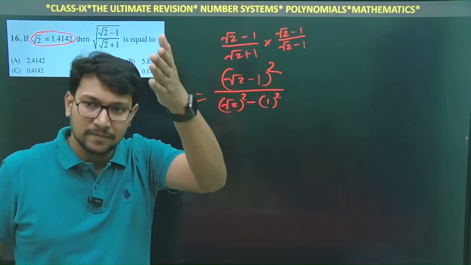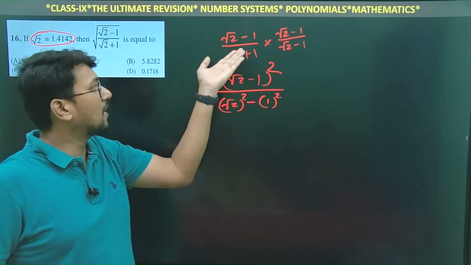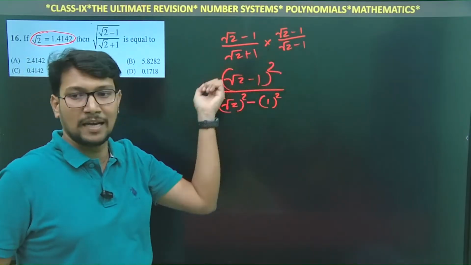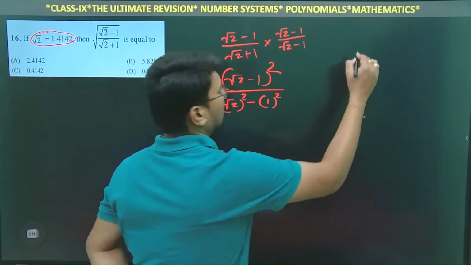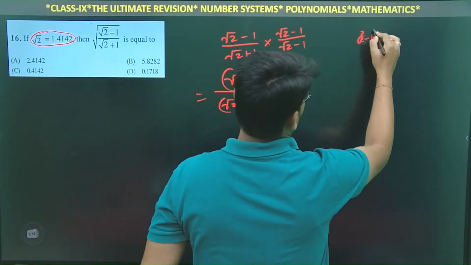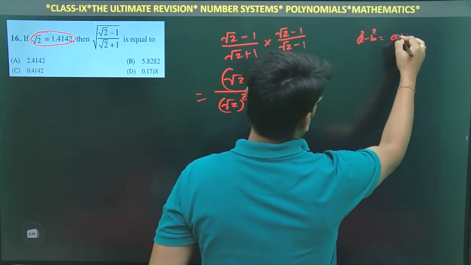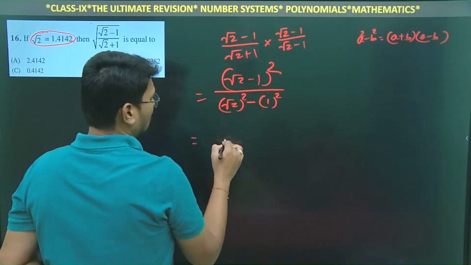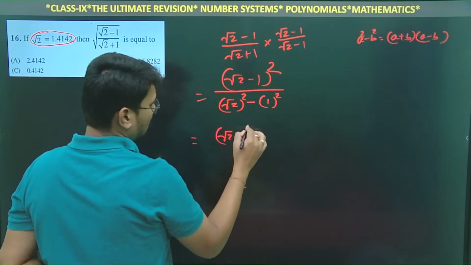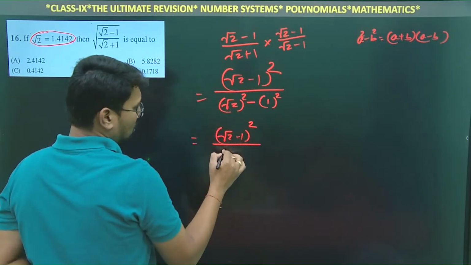Bolo. A plus B into A minus B, that is A square minus B square. A square minus B square is A plus B into A minus B. Done.